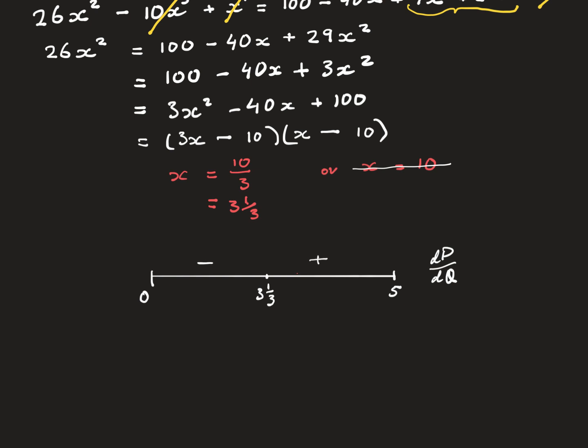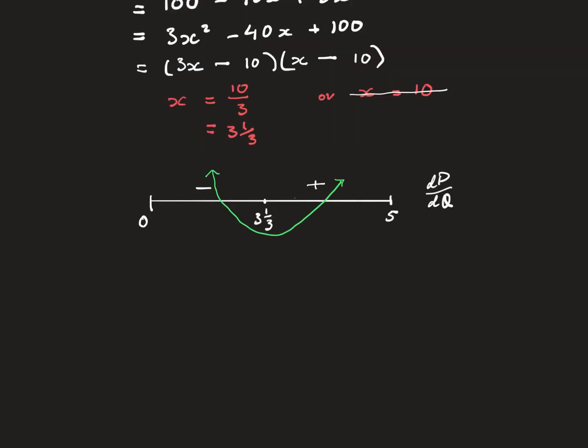So this will indicate that this is a minimum point. And so for a minimum length pipeline, we will need to build the pump house 3 1/3 kilometers away from M.